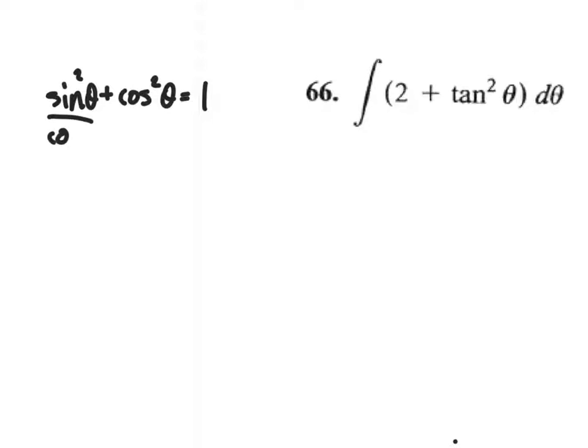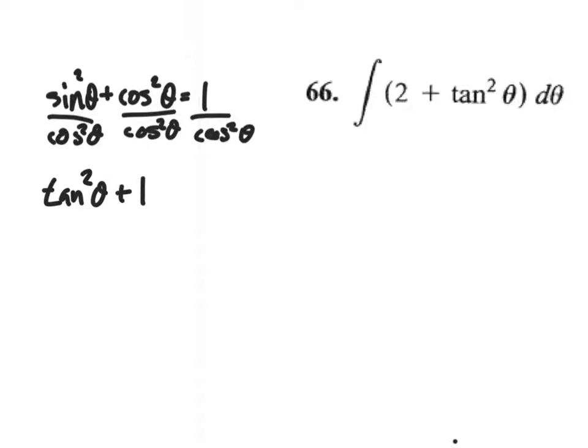When I do this, I can expand my knowledge and write something new, okay? Because when I do that, I get sine squared over cosine squared. Well, that's just going to be tangent squared of theta plus 1 is equal to secant squared theta, okay?